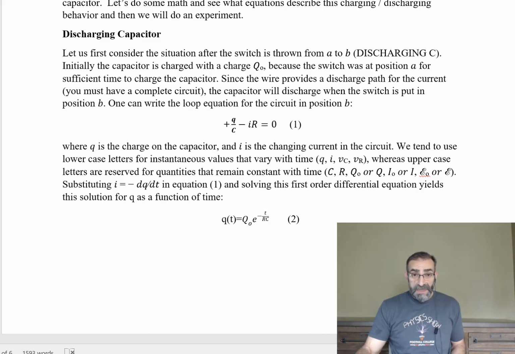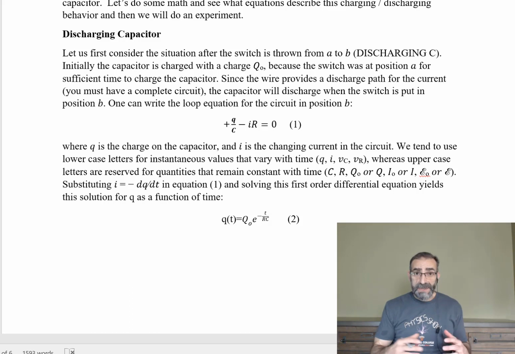At t equals 0, the capacitor has to be at maximum charge, right? Full charge, so Q naught. If we plug that into our equation, does it work? Yes, e to the 0 is 1, so Q at t equals 0 is Q naught.